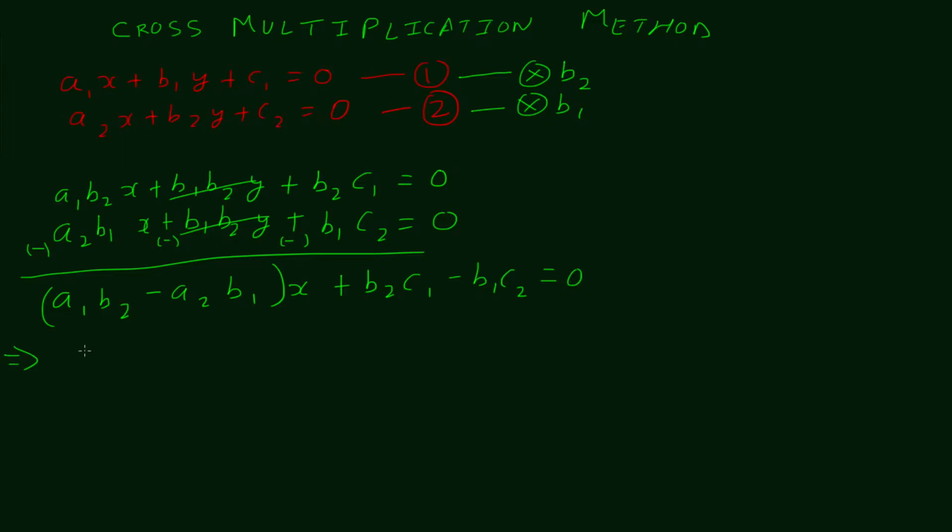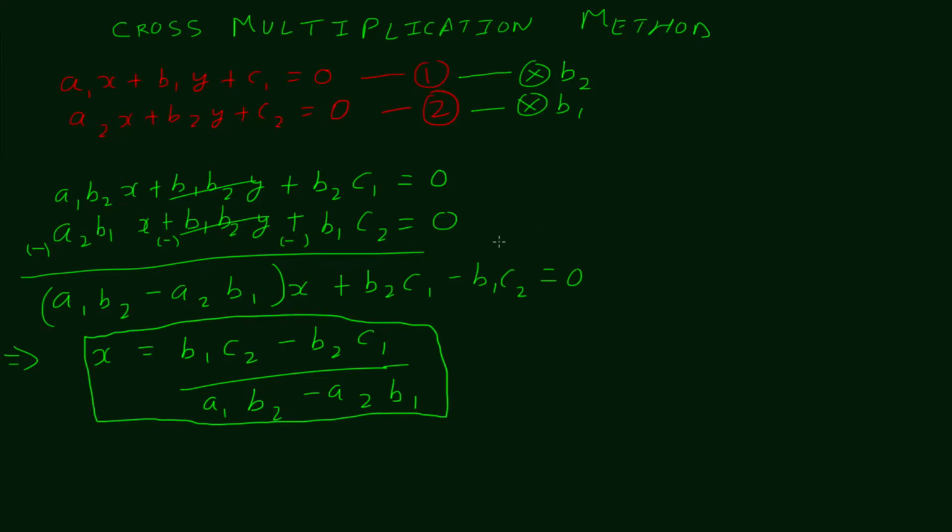From this we can reach x as, if we take this to the other side, we'll get b1 c2 minus b2 c1 by a1 b2 minus a2 b1. Okay, we solve for x here.